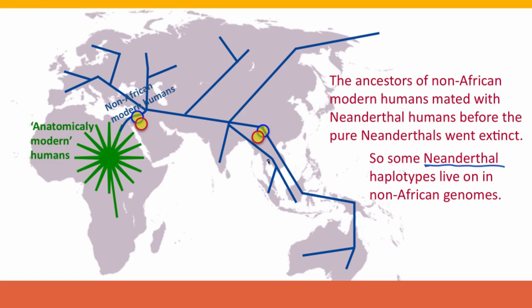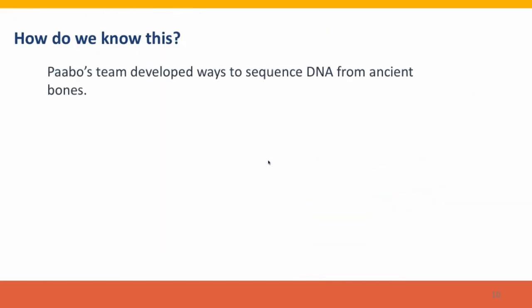Now, this is pretty detailed considering none of us were there to watch this happen. How do we know this? Well, we know this because Dr. Pablo's team has developed sophisticated ways to sequence DNA from ancient bones, even though that DNA is very badly degraded. It's broken, it's damaged in many ways, but they can sequence it.